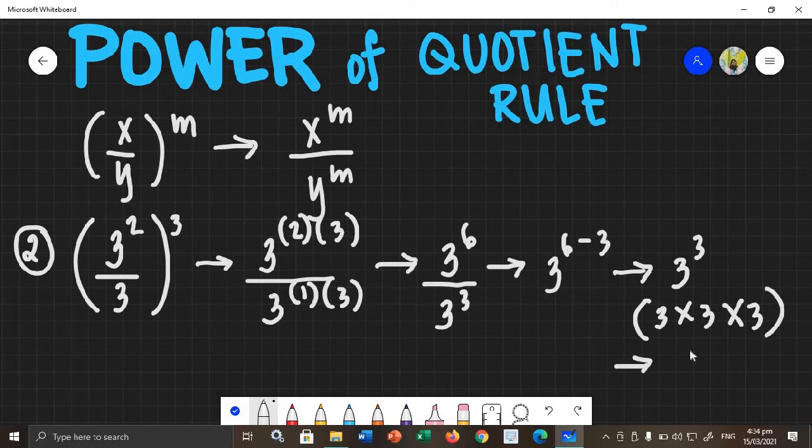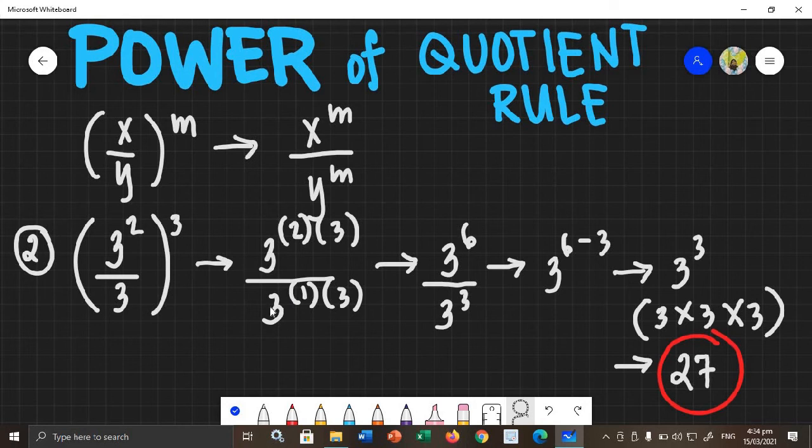Therefore, the answer is 27. Okay? So, kanina, we cannot subtract the exponents kasi they do not have the same bases. In this example, we can subtract the exponents kasi they have the same bases, which is both 3.